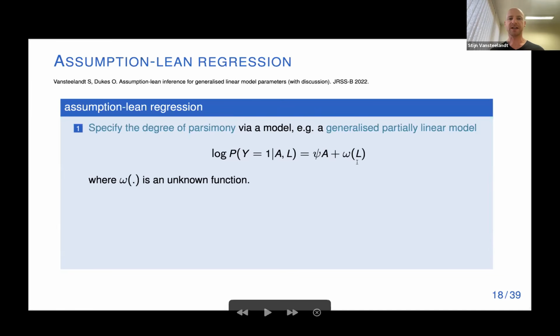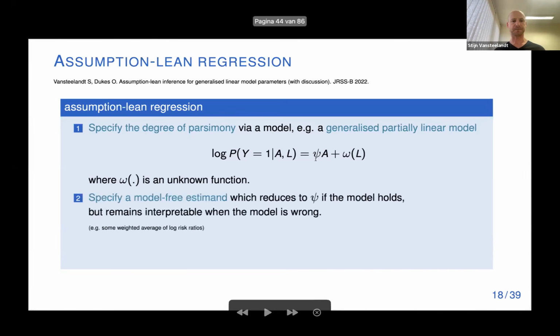This model is basically chosen as a way of summarizing the data. I'll make that a bit more explicit in a moment. This is not a model that I'll assume to hold in the proposal, but it's a sort of template to indicate that what I want to communicate to the clinical investigator is like a log relative risk, say.